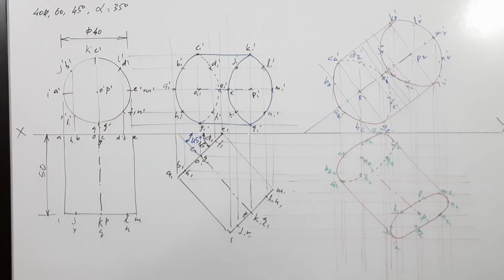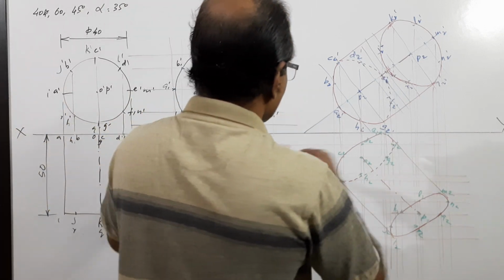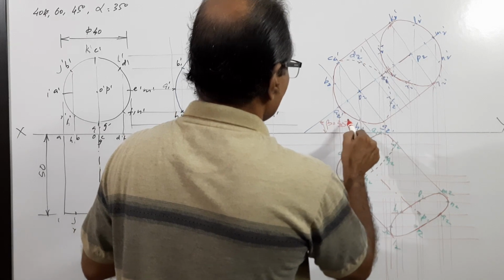Since I am not following proper dimensions, it is not looking very good. The problem is mainly with this side. This side has to be much better than that. But approximately this shape will come. So this is beta equals 35.